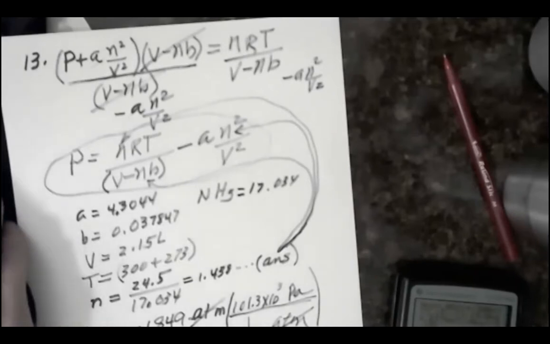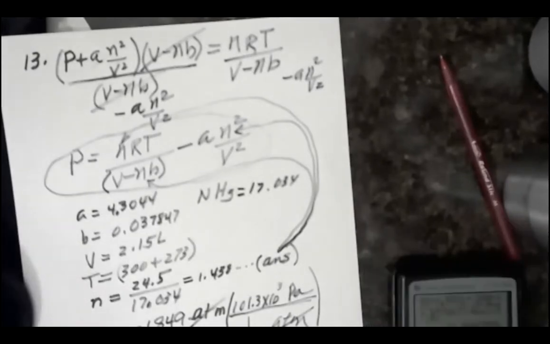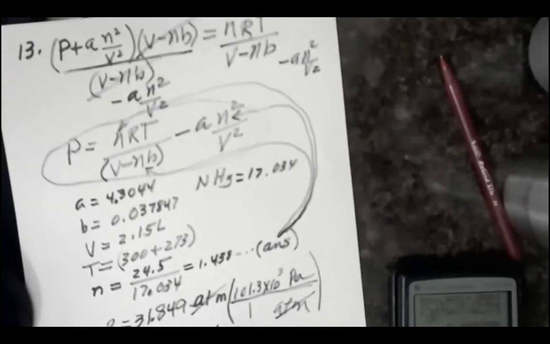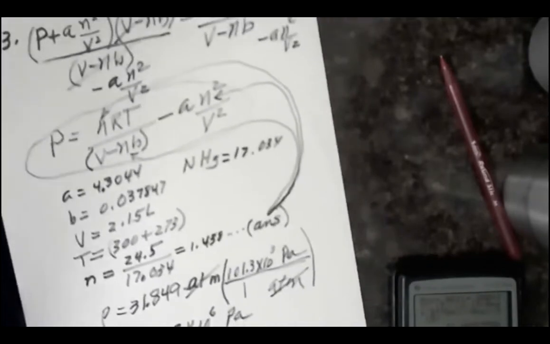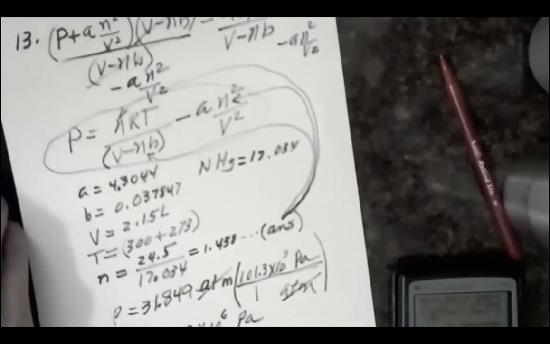Well, I'm a little bit off, but I think I may have again entered some of these numbers just off a little bit. You can double check this and see whether you get the 3.23 times 10 to the 6 or the 3.08 times 10 to the 6 that is shown in the problem.